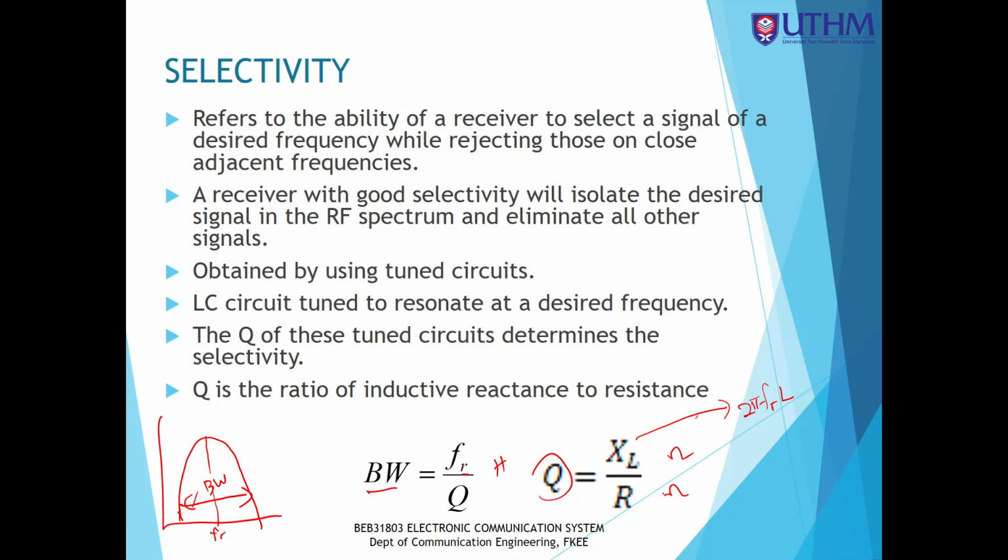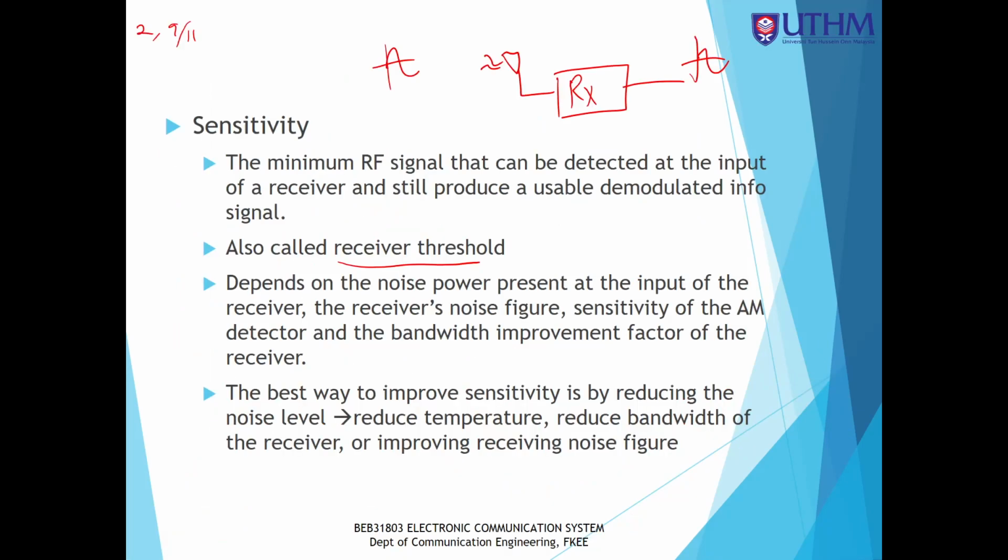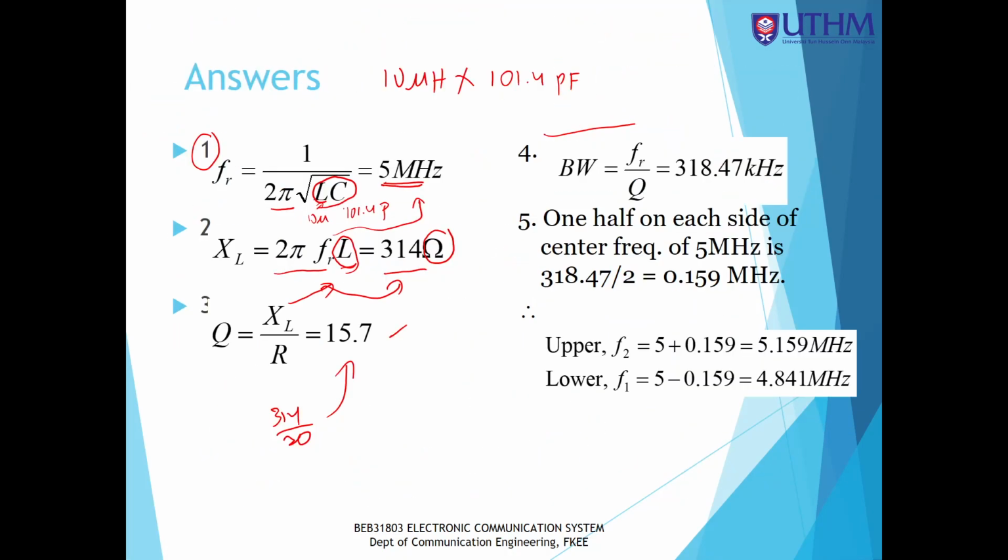Resonant frequency divided by quality factor. Okay, that means 5 mega divided by 15.7, so you will get 318.47 kilohertz.